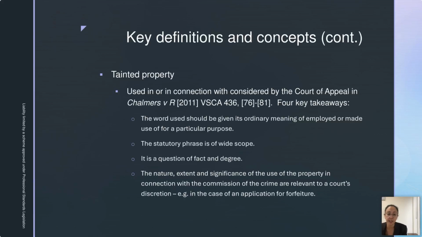Does that equate to tainted property? And essentially the first one, the Court of Appeal said it was a mere locus. So sometimes just because a crime might have been committed at or in connection with a property doesn't make it tainted property. Often there is an argument that it is a mere locus, a mere location.